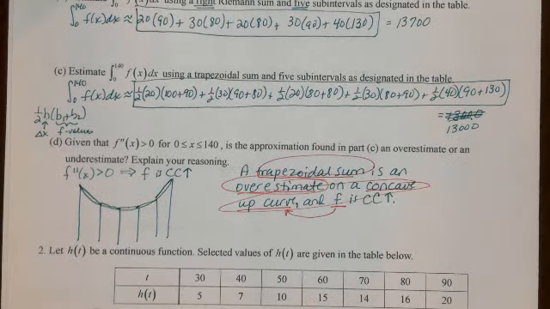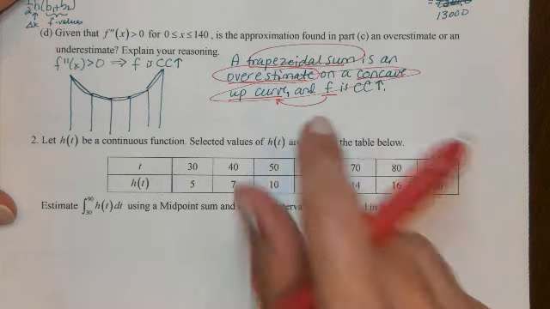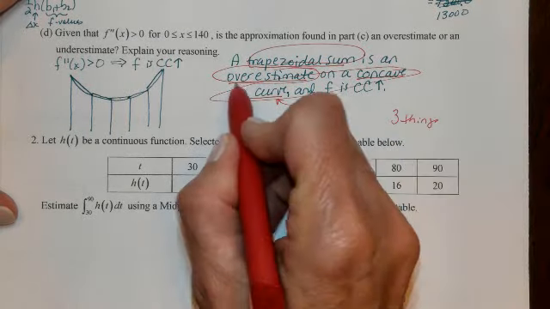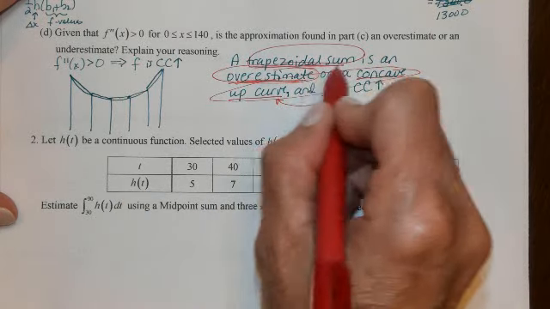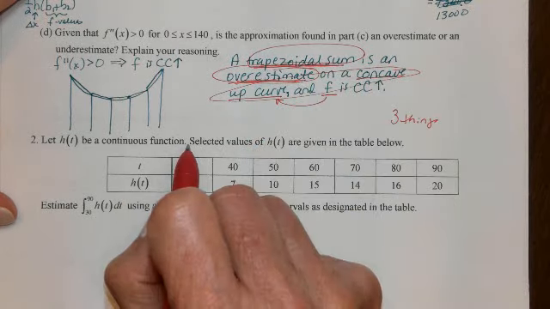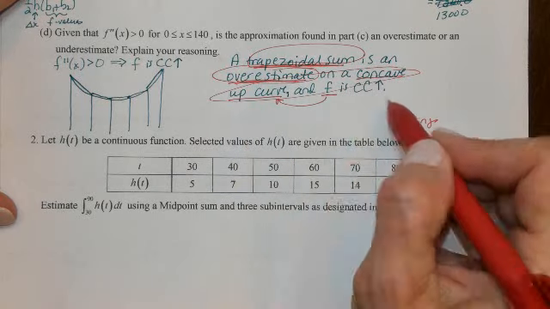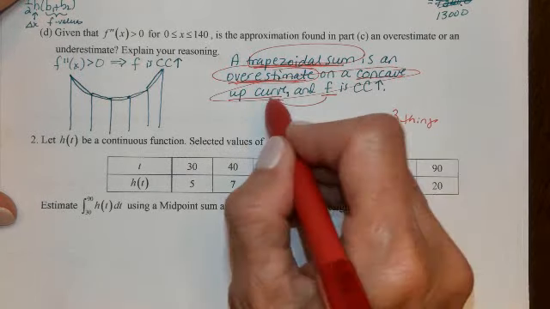So be sure to be succinct with this. They're really looking for 3 things: your answer, over or under, which approximation you used, and then why it's an overestimate. And be brief with that. Don't get chatty.